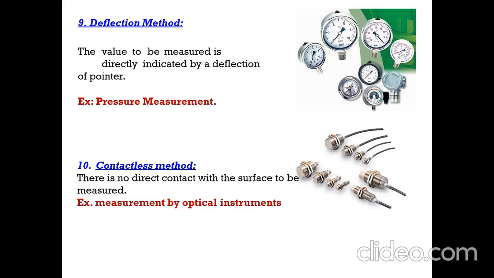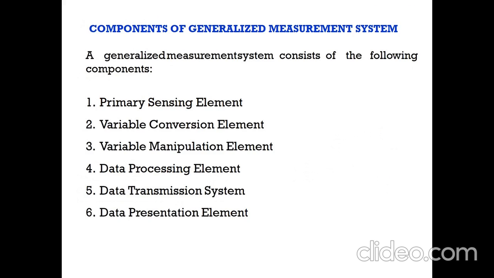So next we are going to see generalized measurement systems. A measuring system exists to provide information about the physical value of some variable being measured. In simple cases, the system can consist of only a single unit that gives an output reading or signal according to the magnitude of the unknown variable applied to it.